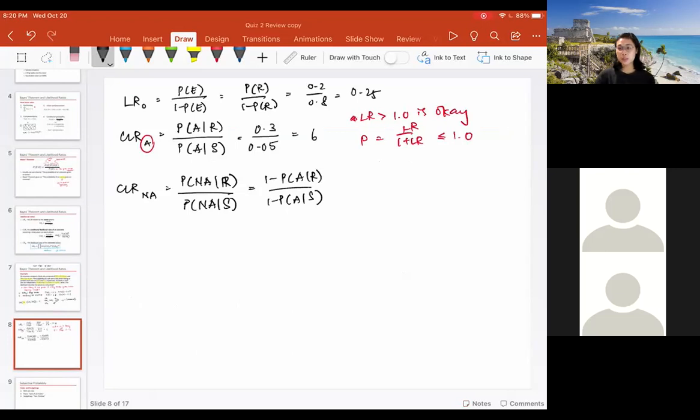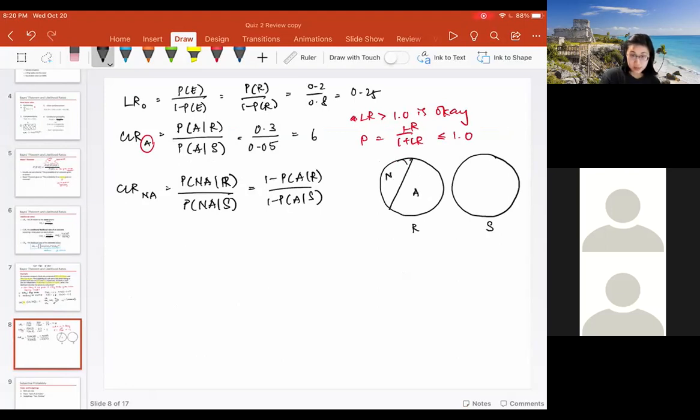Because here we consider the event as 2 separate subspaces. So this is the subspace of risky driver, and this is the subspace of safe driver. And in the risky driver subspace, you have 2 outcomes, right? Accident, no accident. Oh, yeah, I'll be sharing this.